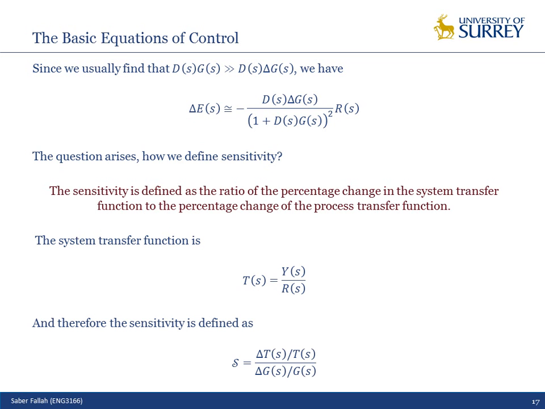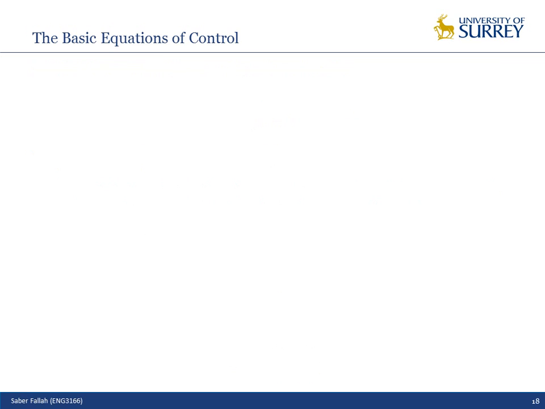Sensitivity is the ratio of the percentage change in the system transfer function, where T(s) is the system transfer function, delta T over T(s), to the percentage change of the process or plant transfer function, which will be delta G over G(s). So sensitivity is defined as this ratio.